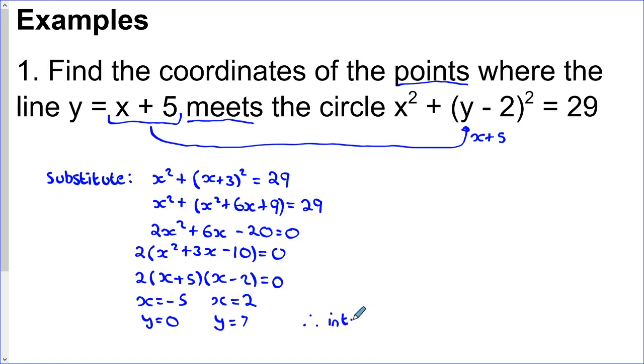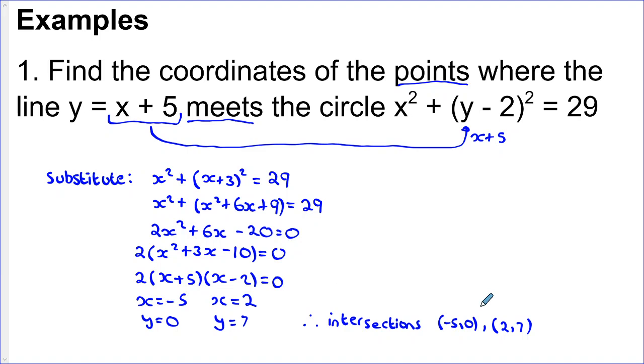So our intersections are minus 5, 0, and 2, 7. So we were asked for coordinates, so we would not leave it as this. That's just the x coordinate, the y coordinate. These are the actual coordinates of the intersections.